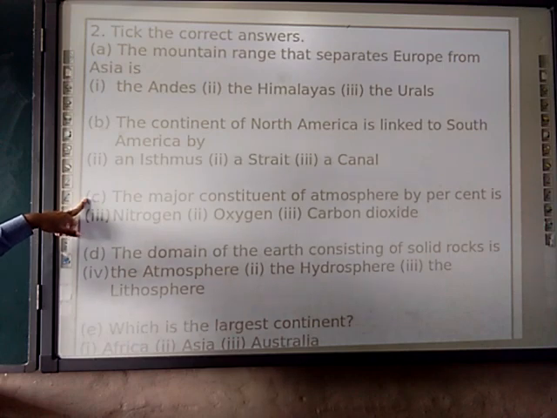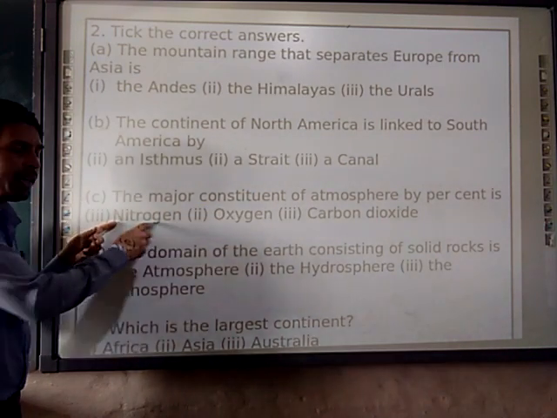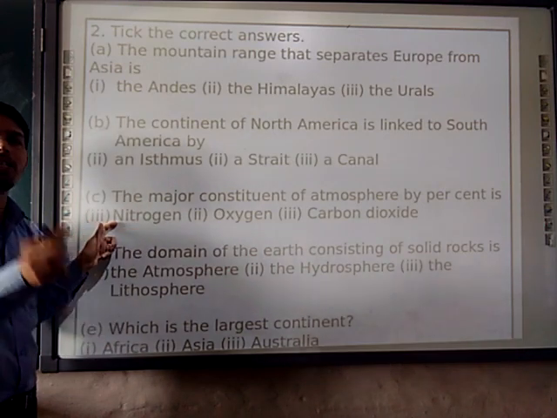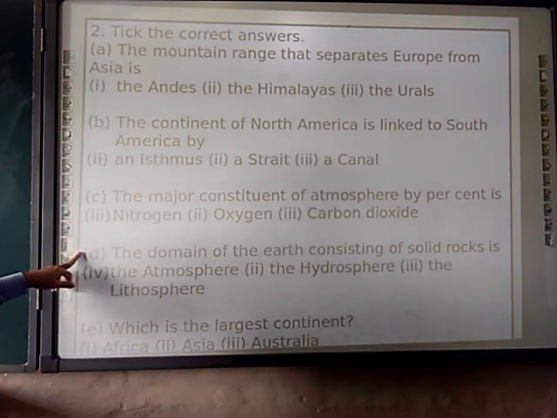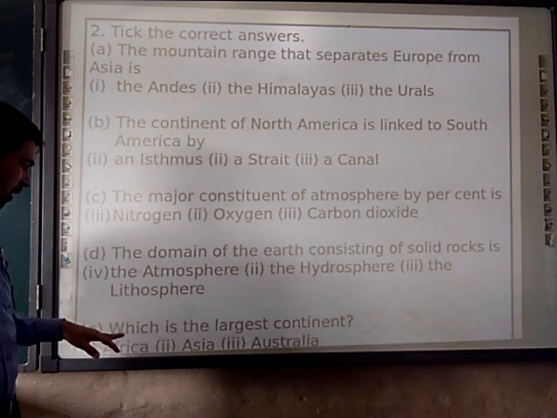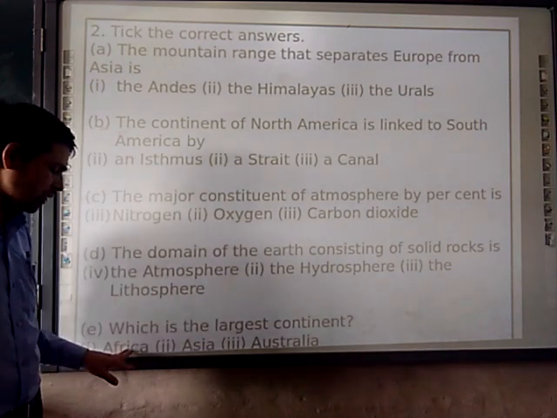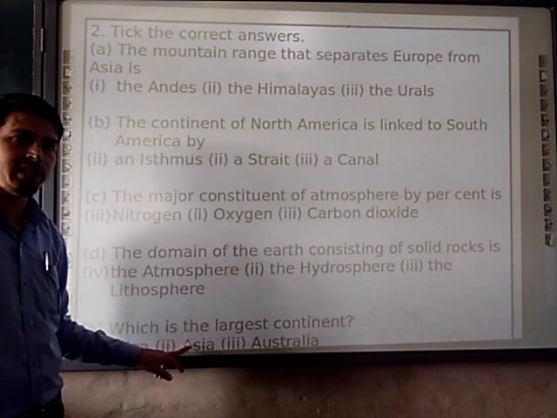Third, the major constituent of the atmosphere by percentage: nitrogen is there and that percentage is 78. The domain of the earth that consists of solid rock: the answer is the lithosphere. Next, last one, which is the largest continent? So Asia is the correct answer.